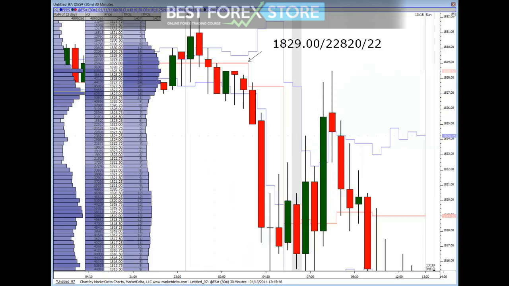All right, now here's another chart, and on this chart we've added a useful and helpful tool to numerically illustrate for us what is going on with the volume levels at each price.